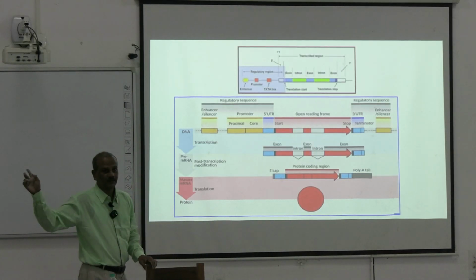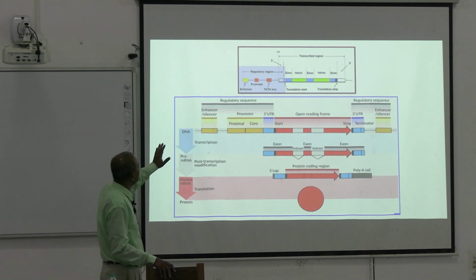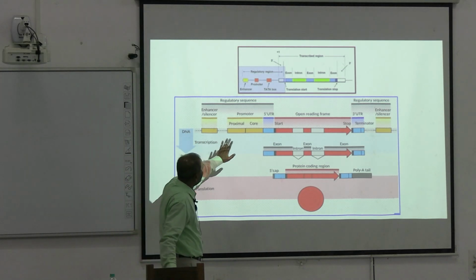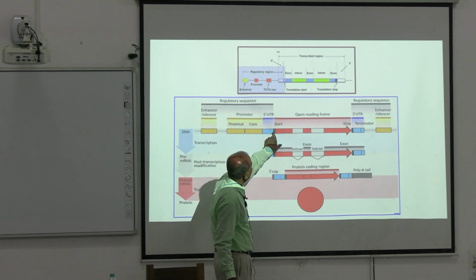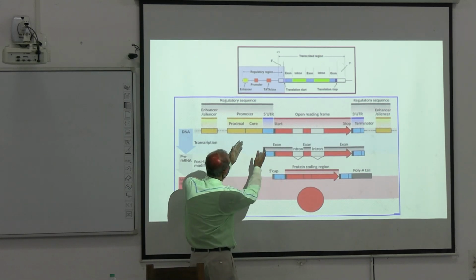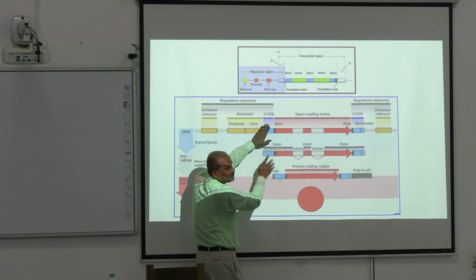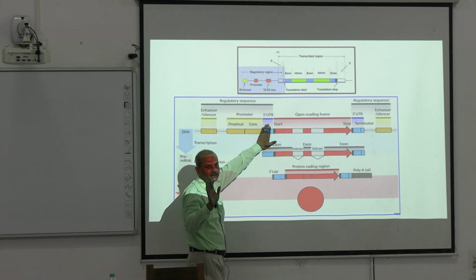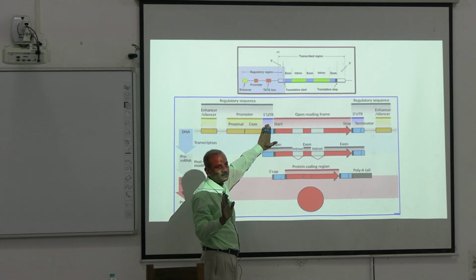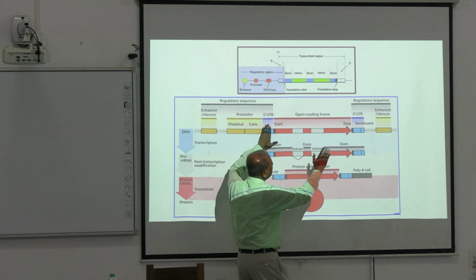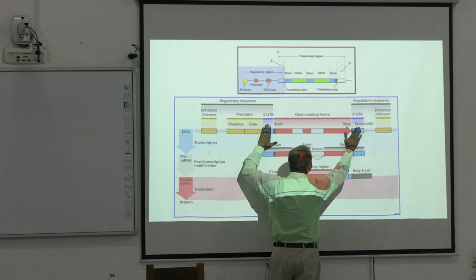The picture that I was showing at the beginning, you see the region, this is the start region. But this part, this 5' untranslated region, remember, means this part is not translated. This is the 3' untranslated region.